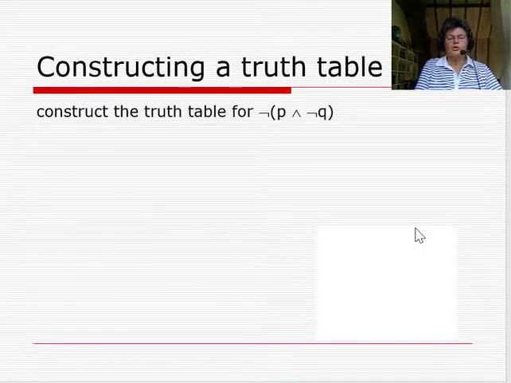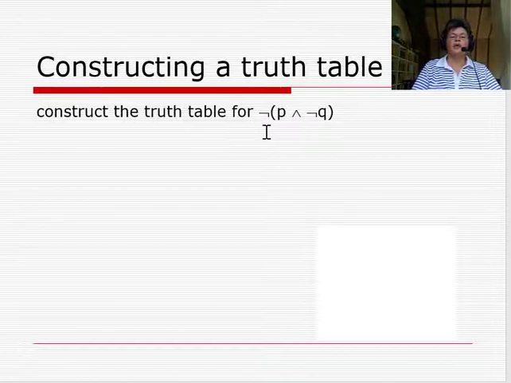We can also combine statements with an and, a not and an or, whatever we like, and then look at the outcome. So for instance, we have a statement: not, between brackets, P and not Q. How can we know what the outcome is of this one? We can just use a truth table.